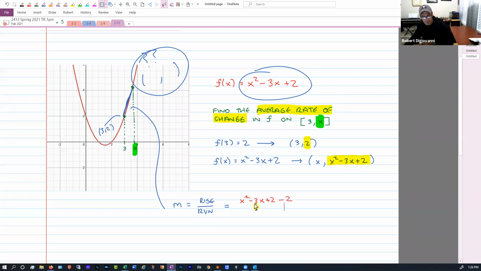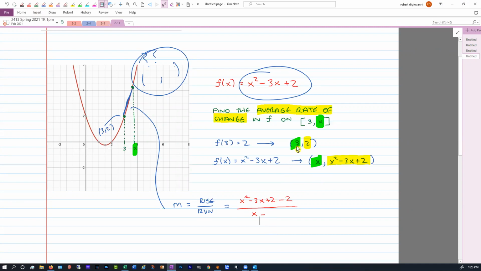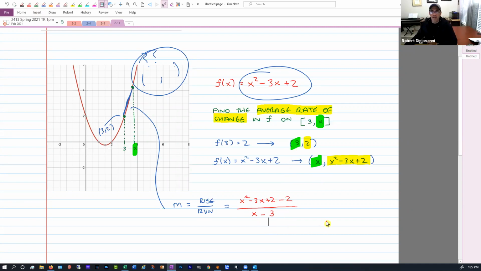Then over the difference of the x coordinates. This x coordinate is just x, so I take x and subtract from it 3. Is everyone okay with that? Are there any questions?